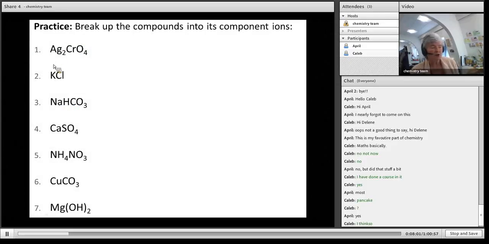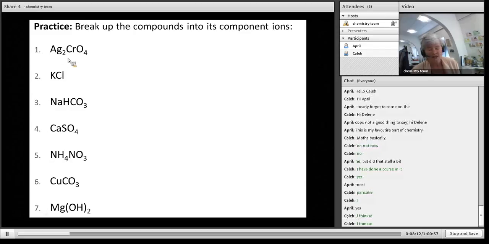So if I've got silver chromate, I know quite a few students will break this up as silver and Cr and O4, or they might say Ag, CrO and something else. So can you work out what the 2 ions are? It'll always be a cation and an anion, and normally the cation is a metal.